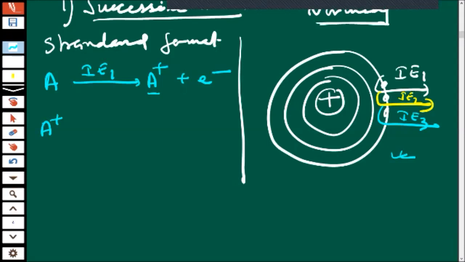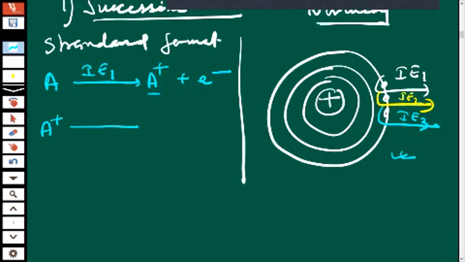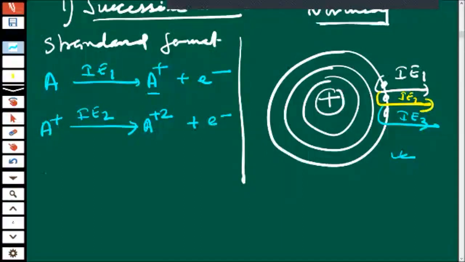The smaller the size, the more the ionization energy will increase. So here the ionization energy you provide will be more than IE1. After removing the second electron, it becomes a bivalent cation, A plus 2.